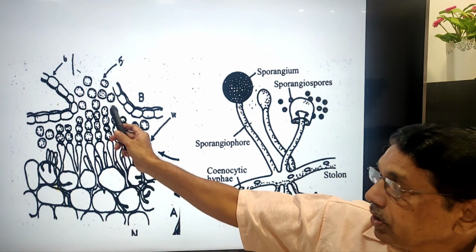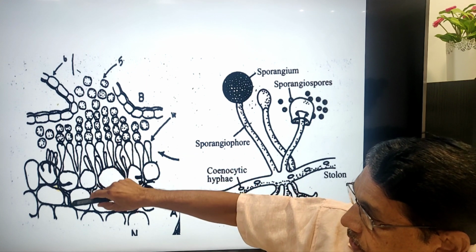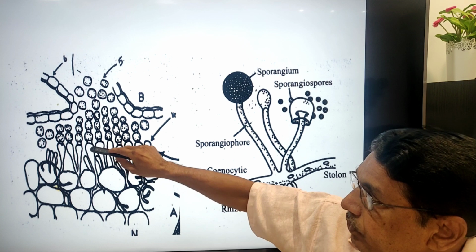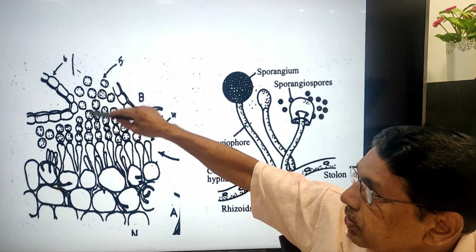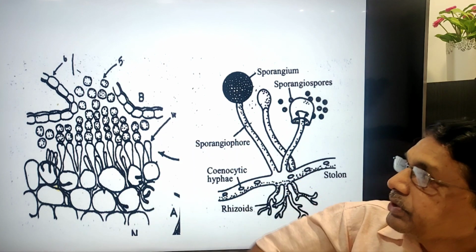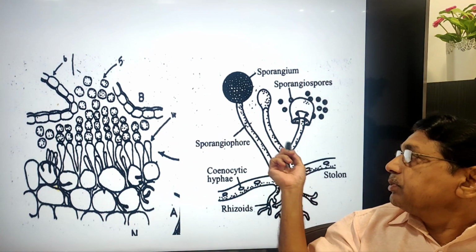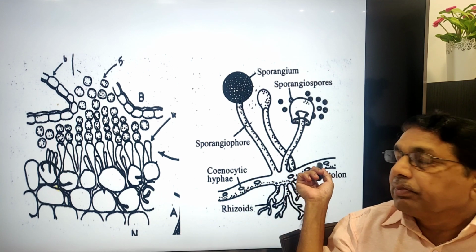So this is Albugo, earlier called Cystopus. Now these are the host cells. These are conidiophores, sporangiophores. The sporangia or spores are produced in basipetal succession, rupturing the epidermis. This is typical Rhizopus: rhizoids, mycelium, stolon.